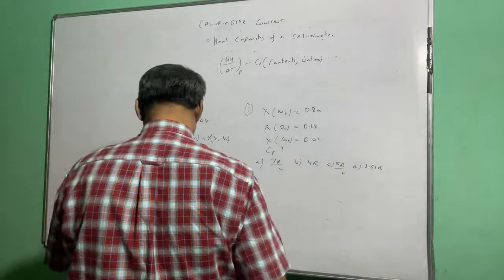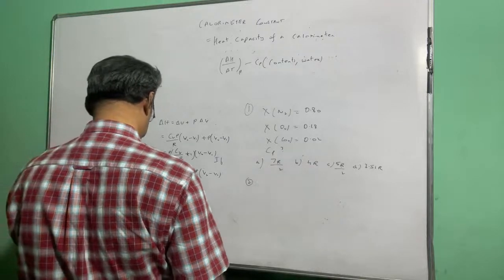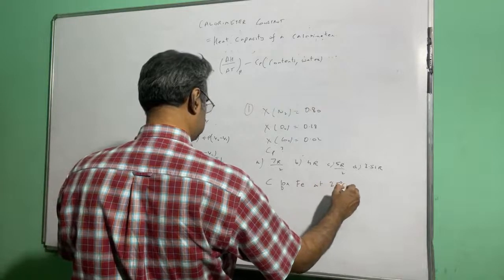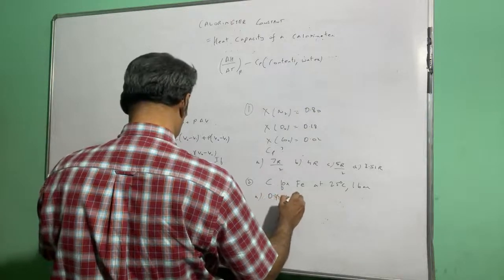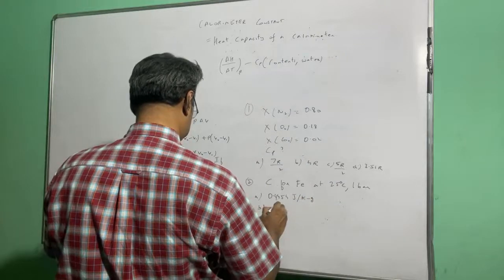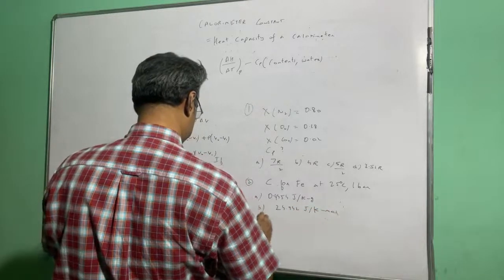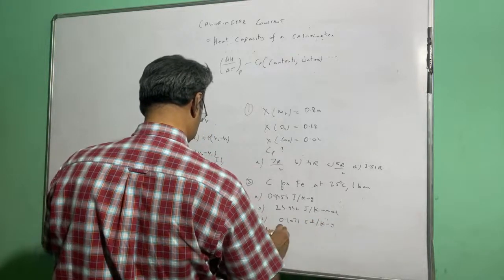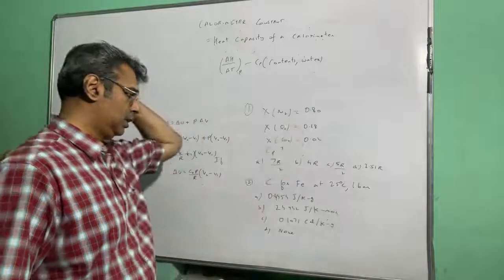Question number 2. What is the specific heat of iron at 25 degrees Celsius and 1 bar?